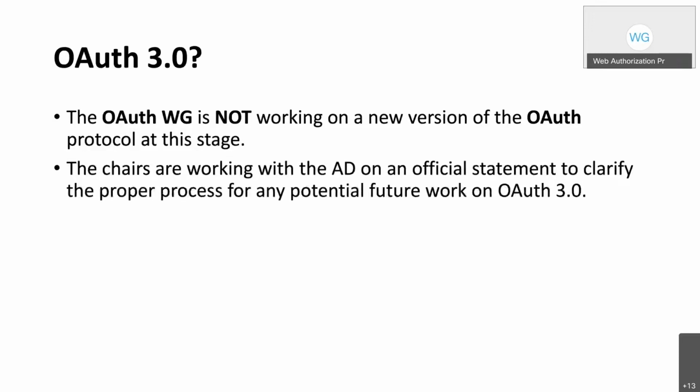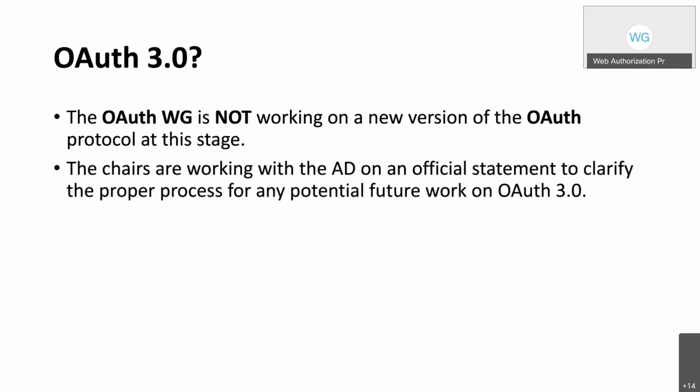I just want to make sure that it is clear that currently the OAuth working group is not working on any new version of the OAuth protocol, and we are working with Roman to put together an official statement to clarify the proper way of bringing any work to the OAuth working group and working on a new version of this protocol.